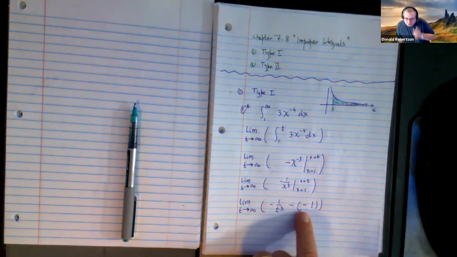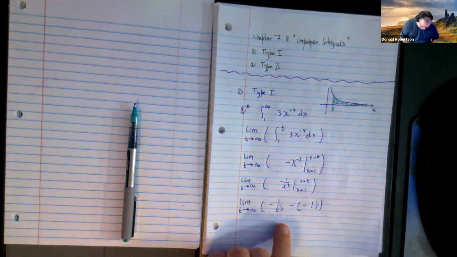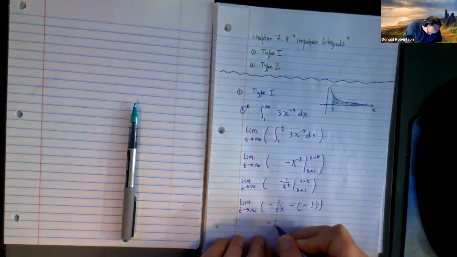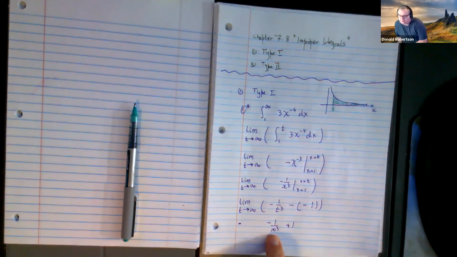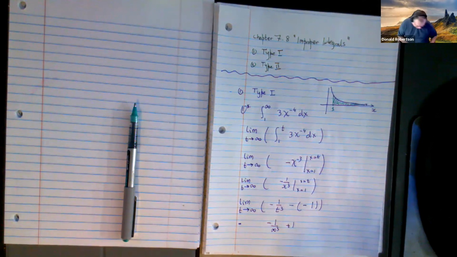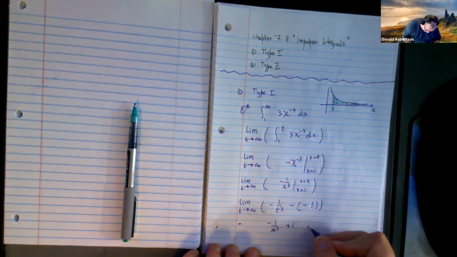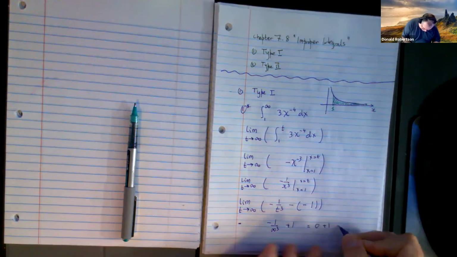And at this point, we're going to do the brute force. So it's going to be negative 1 over infinity cubed plus 1. Would you agree that 1 over infinity cubed is the same as 1 over infinity, and it's 0? So what do you get? You get 0 plus 1, which is 1.